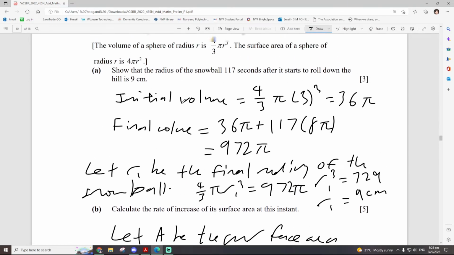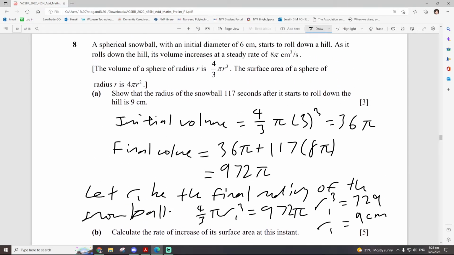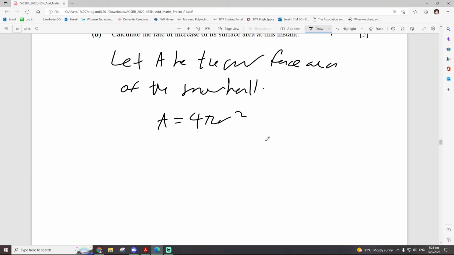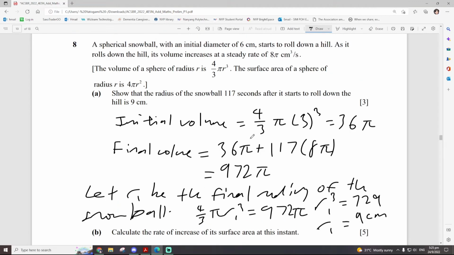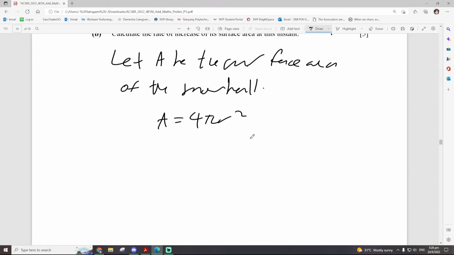So we need to go through dV/dt and, yes, dV/dt, dV/dr. Okay, so V equals 4/3 pi r cubed. Okay, and in fact dV/dr is exactly A, and that's not a coincidence. You can prove that if you go to JC.